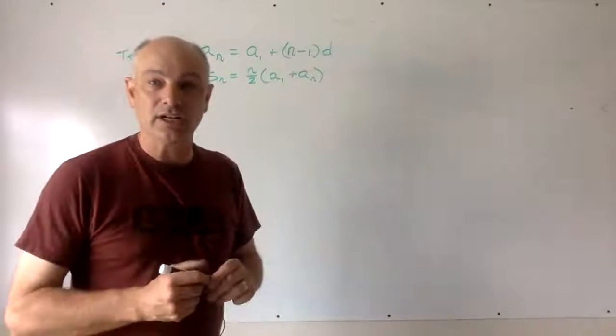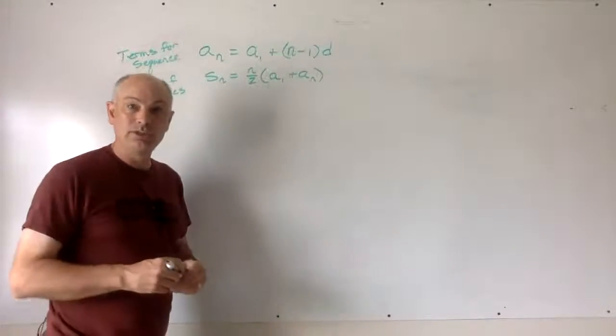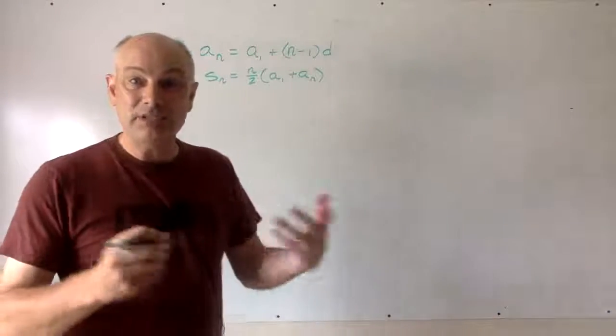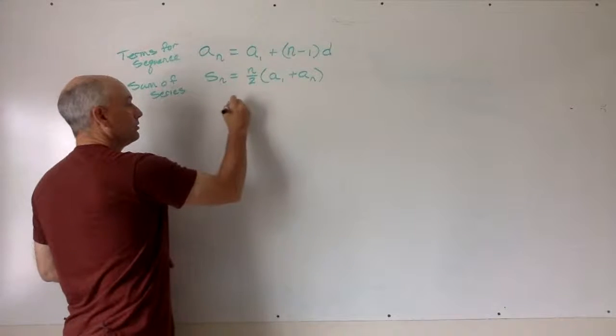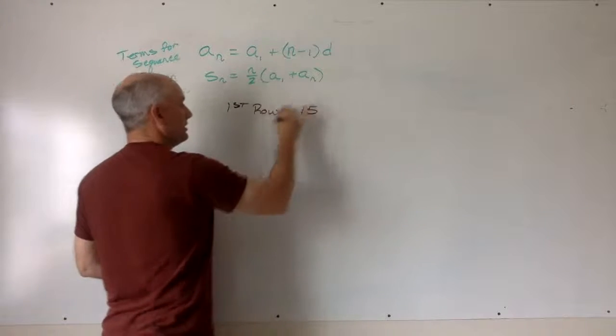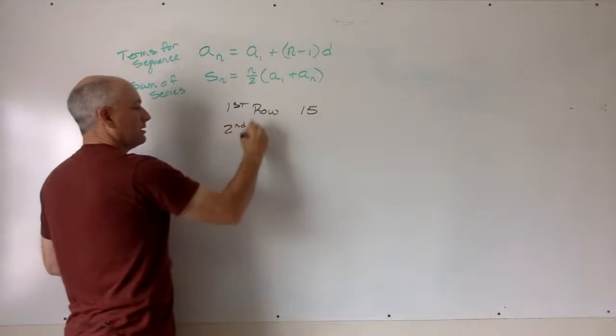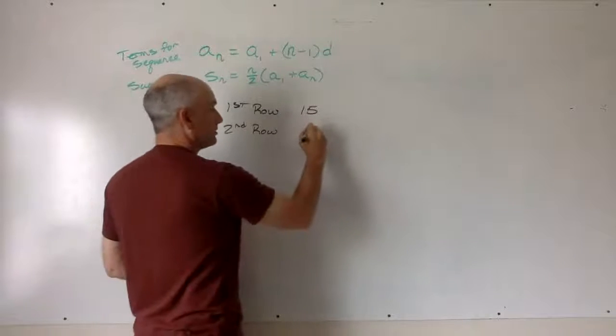The center section of a concert hall has 15 seats in the first row and 2 additional seats in subsequent rows, okay? So that means the first row has 15 seats. The second row has 2 additional seats.